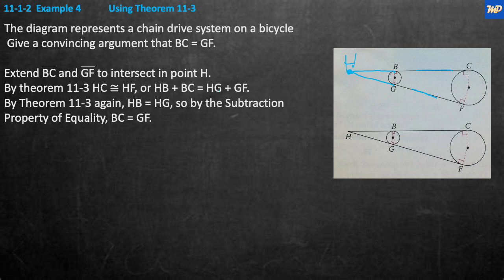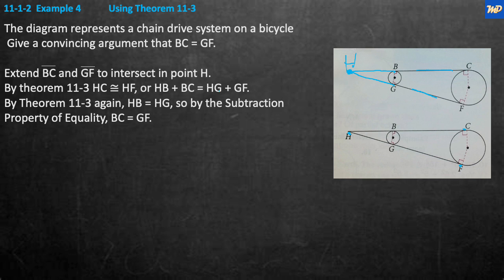Okay? So by Theorem 11-3, HC, the long line from H to C, is congruent to HF. We know that because the theorem tells us that. So those two lines are congruent. If you know that, you're done.